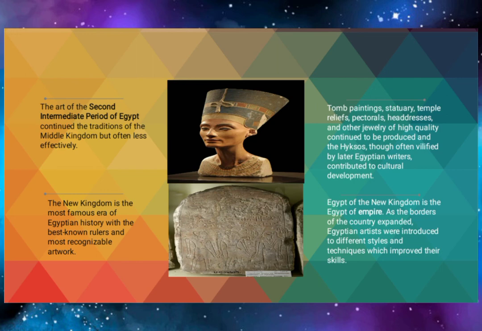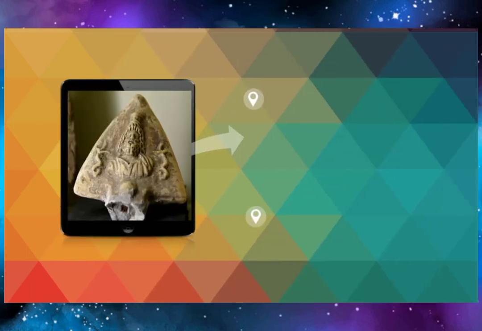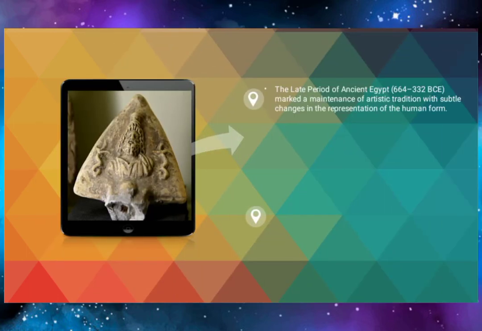So next is the later periods of legacy. So the late period of ancient Egypt, 664 to 332 BCE, marked a maintenance of artistic tradition with subtle changes in the representation of the human form. So the skills acquired would continue through the third intermediate period of Egypt and late period, which are also negatively compared with the grandeur eras of a strong central government.